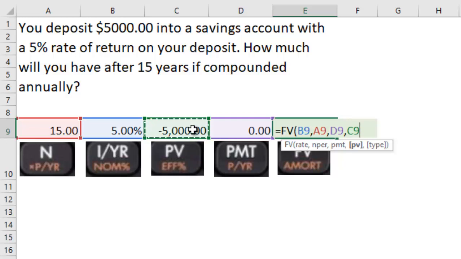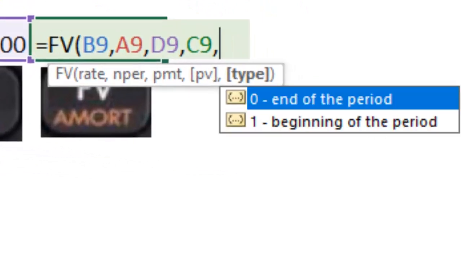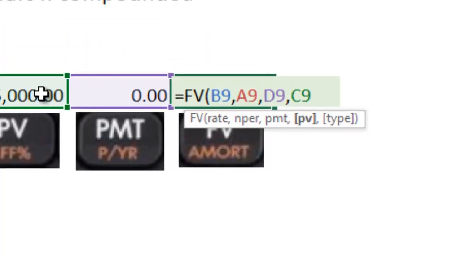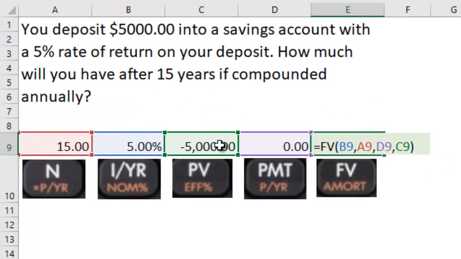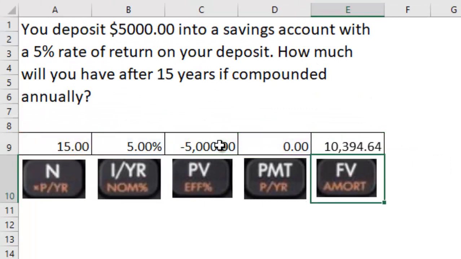Take note, we also use the minus 5,000 here, or the positives and negatives would be wrong. You can put the type in. You will see there it says 0 for end of period, or 1 for beginning of period, or you can leave it off. I am just going to leave it off. Close brackets, enter, same value we got on the calculator.